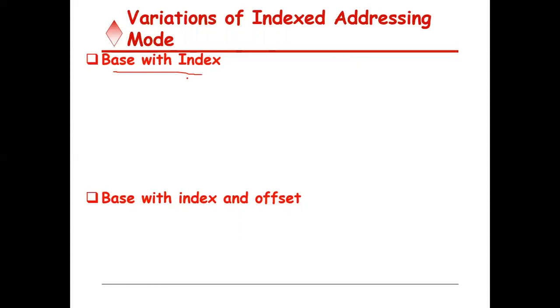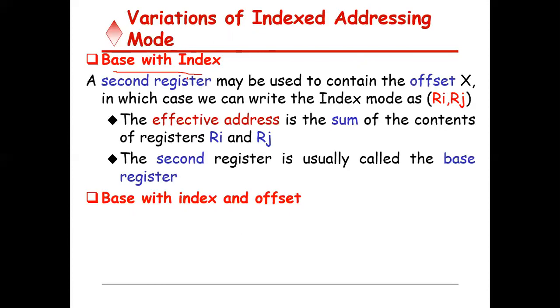But in base with index you keep both values inside registers, and the operation is similar, adding the contents of the registers. We use one more register containing the offset X, and this is called base with index mode. It is represented like Ri, Rj. The effective address is always the sum of Ri and Rj.